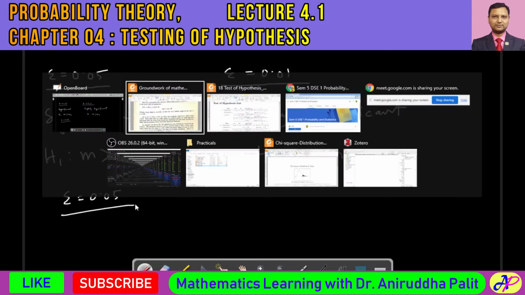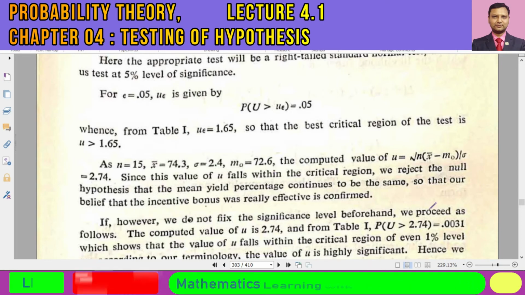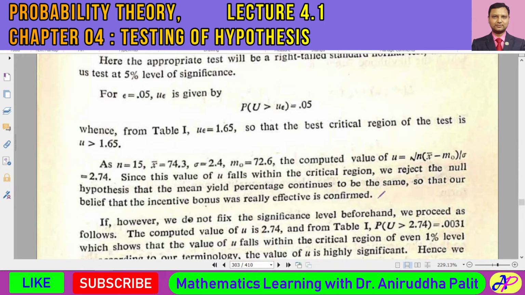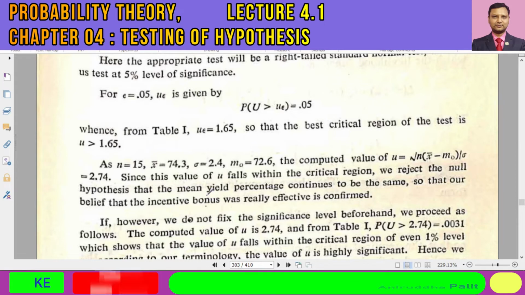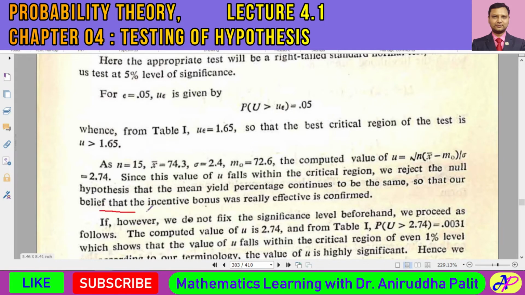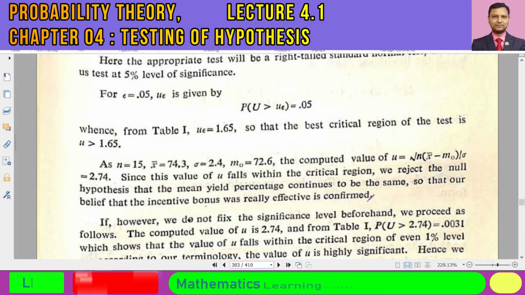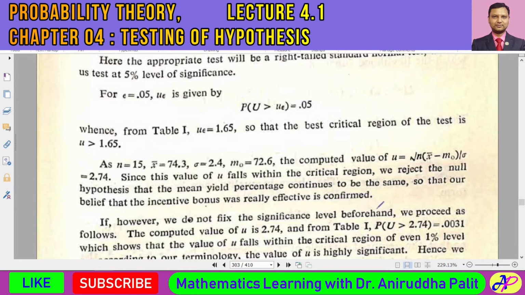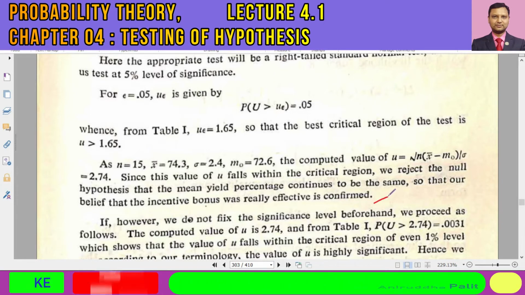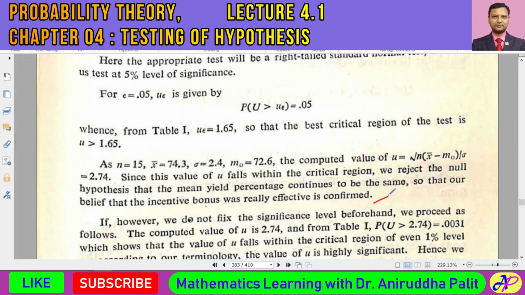So you shall have to make this type of conclusion. Although in the book it is not properly written that yes, it is reasonable to believe that the incentive bonus was really effective, you should write it in proper technical terms. Okay, so this is the first problem that I wanted to discuss over here.